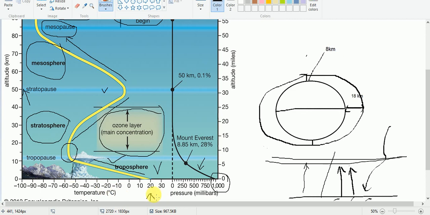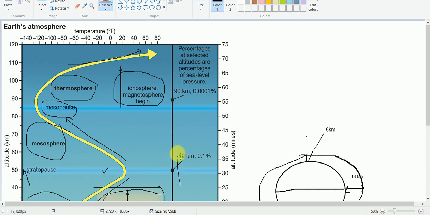You may find that temperature decreases rapidly within the troposphere, and up to a height of 30 kilometers from the ground, air pressure decreases rapidly. At 30 kilometers, it is nearly 50 or 60 millibars, and beyond this there is a constraint in the pressure condition.